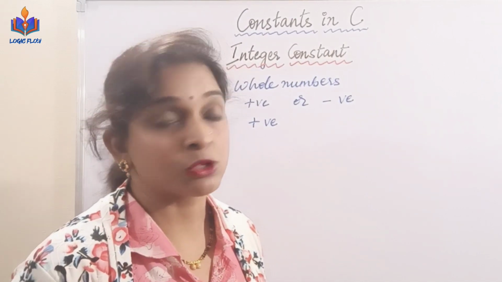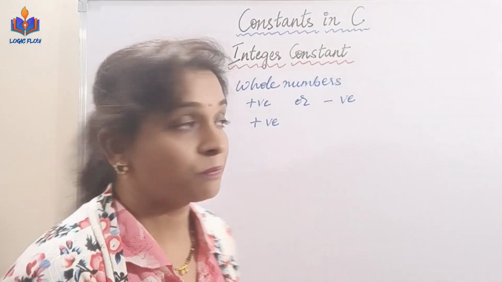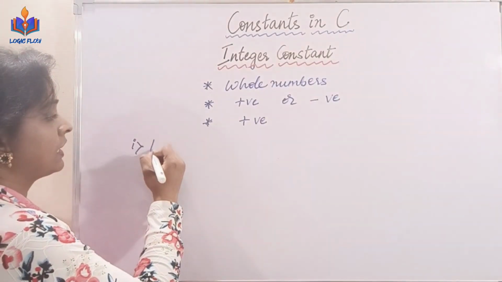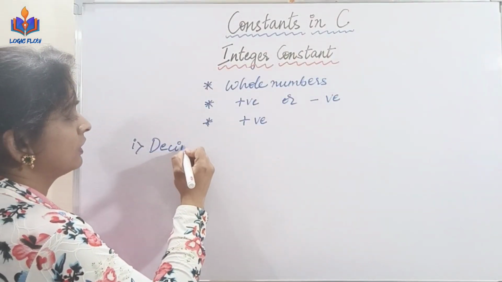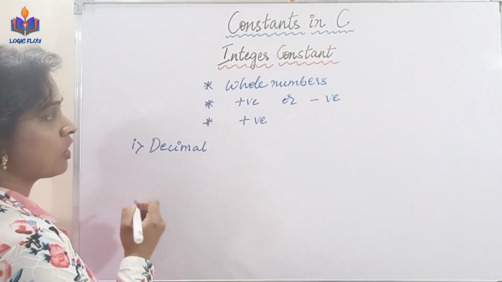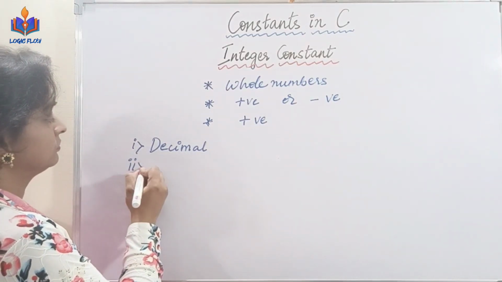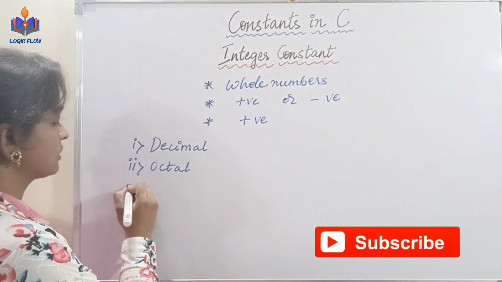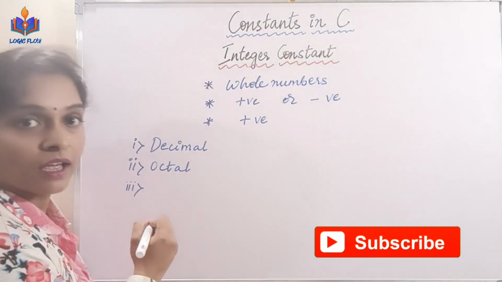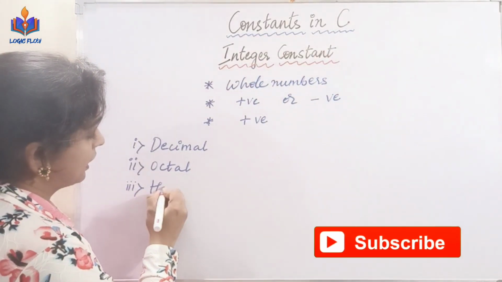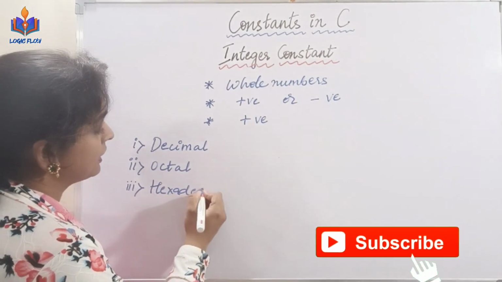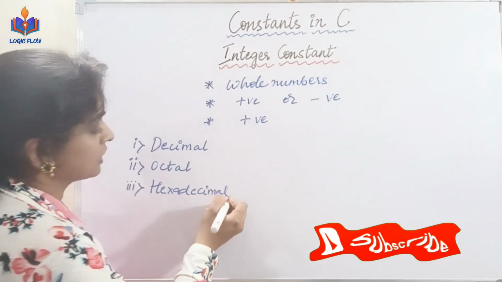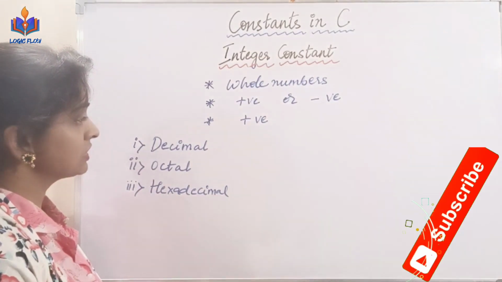Added to this, you have three types of integer constant. So we have decimal integer constant, octal integer constant, and hexadecimal integer constant. So let's talk about these constants.